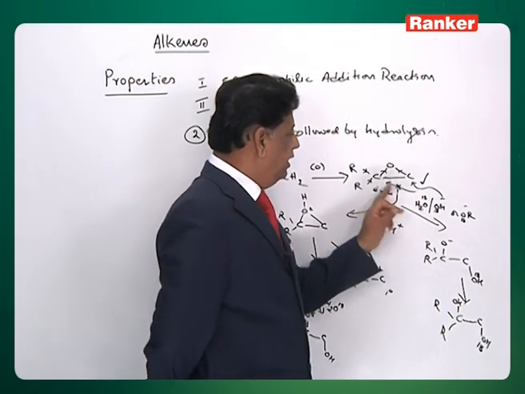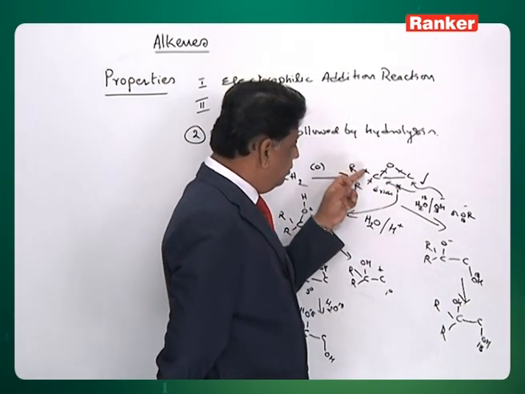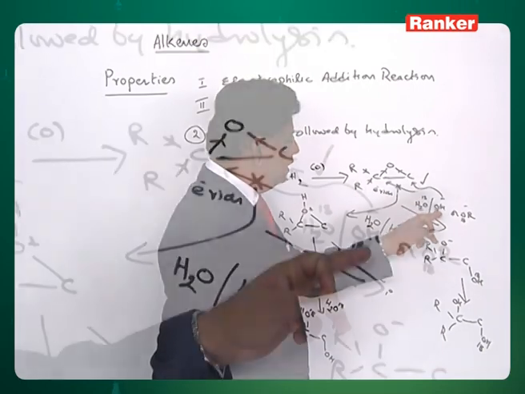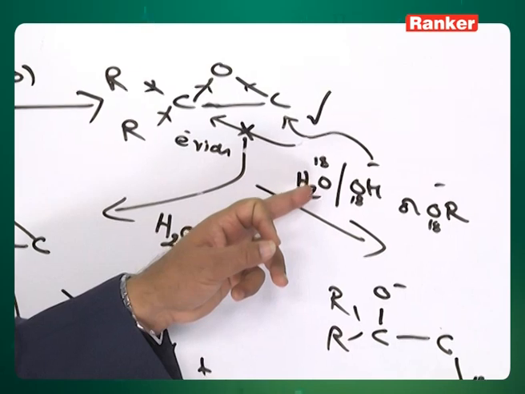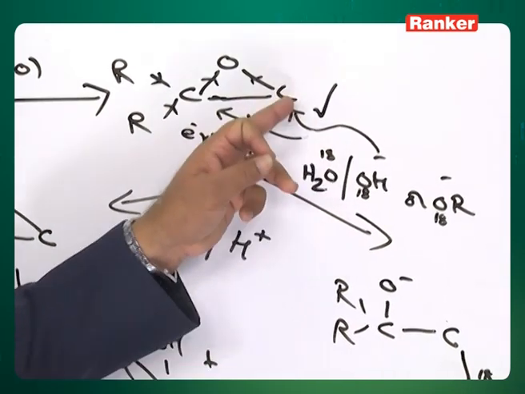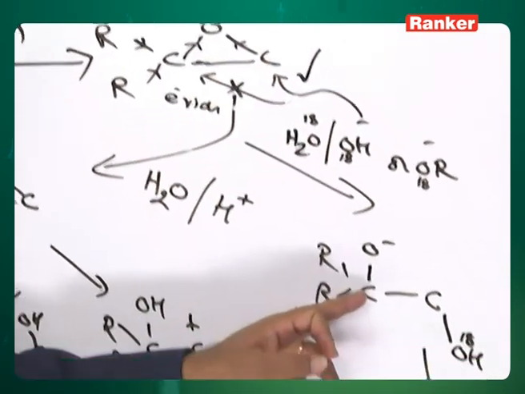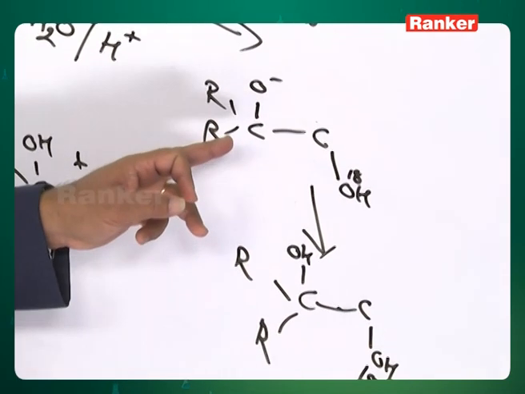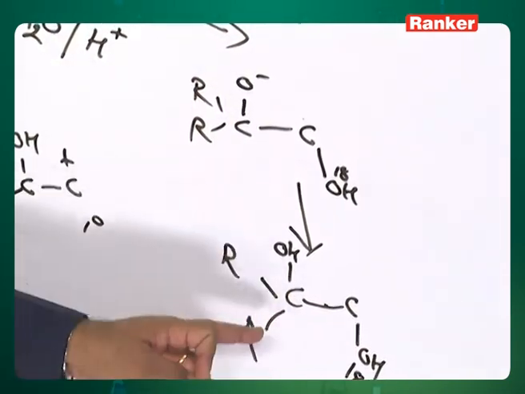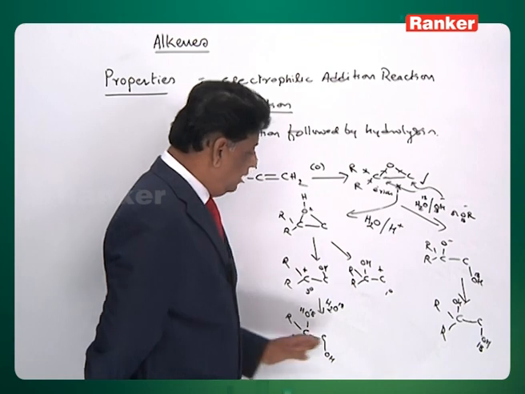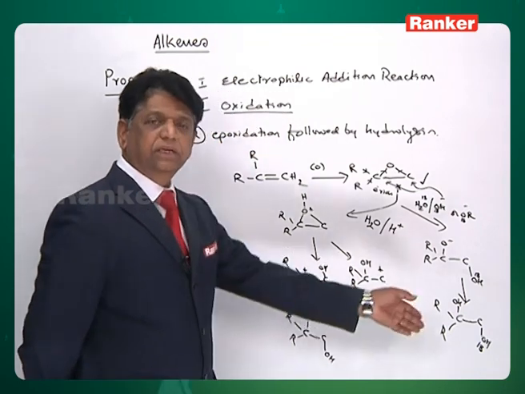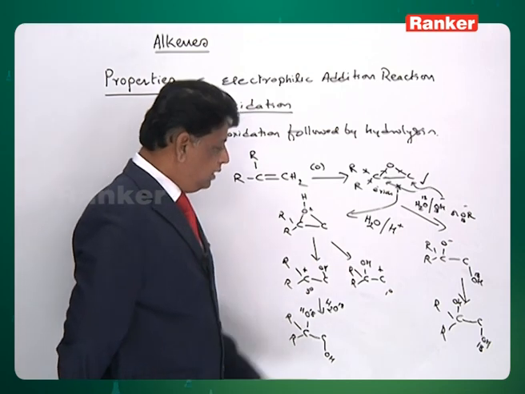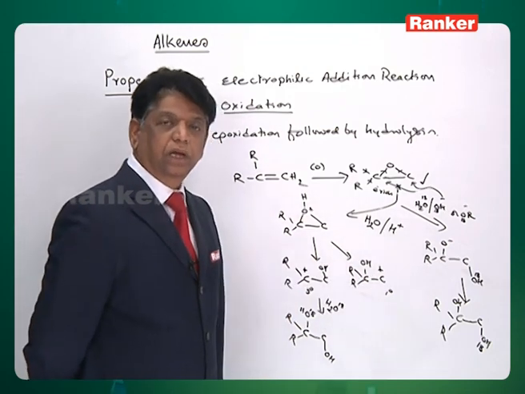In the basic case, the tertiary carbon is more electron rich, therefore the nucleophile attacks the terminal carbon, meaning the new water or O18 goes to the terminal carbon, making the center one a normal OH. So with reference to the labeled water, exactly reverse answers are there: O18 goes to the center in acid, O18 goes to the terminal in base.